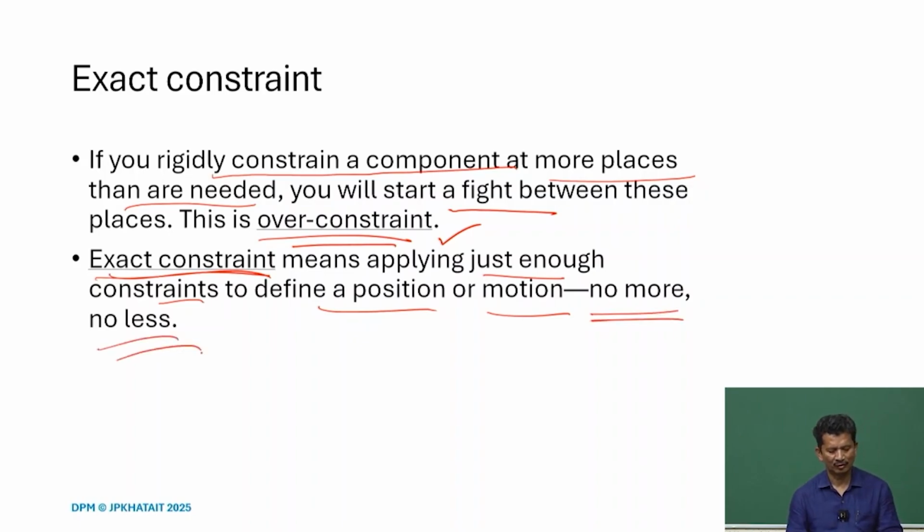So, how do we find what is just enough? I think this is the keyword: what is the minimum constraint required for any machine or mechanism to function.